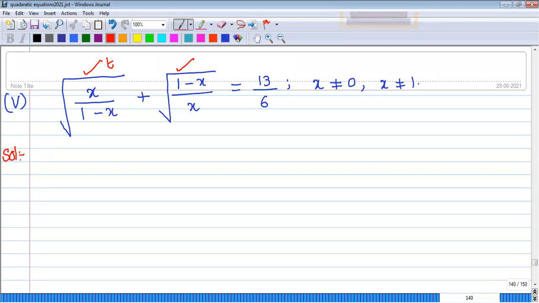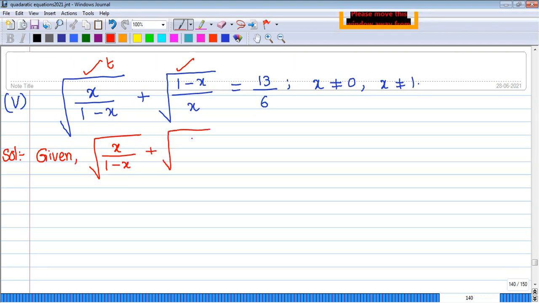Now, given root over x upon 1 minus x plus root over 1 minus x upon x equal to 13 upon 6. Actually, these two are multiplicative inverses, reciprocals of each other. Indirectly given, the sum of a number and its reciprocal is 13 upon 6.